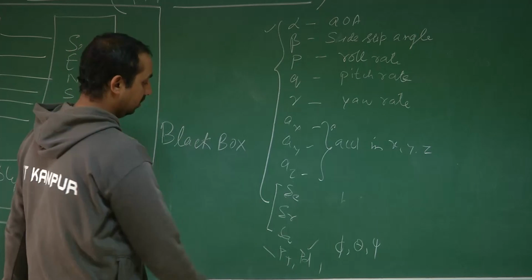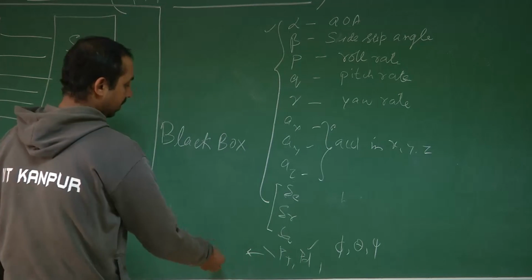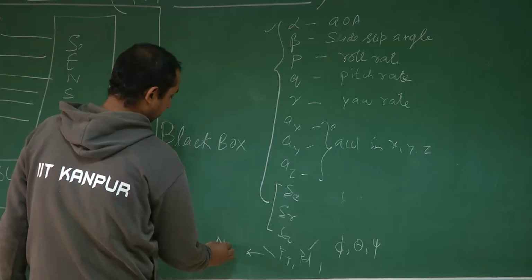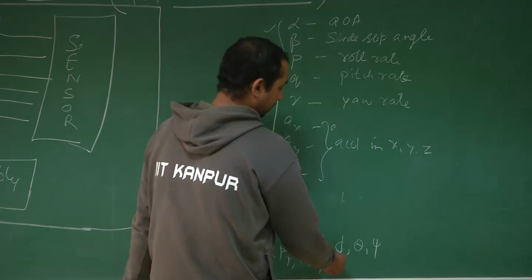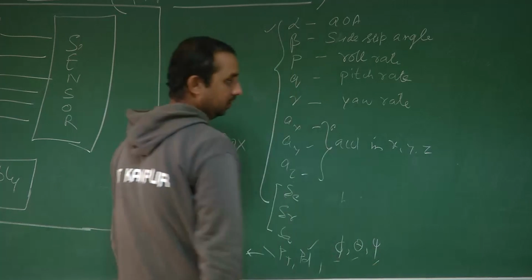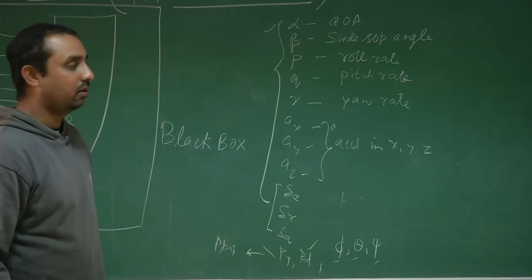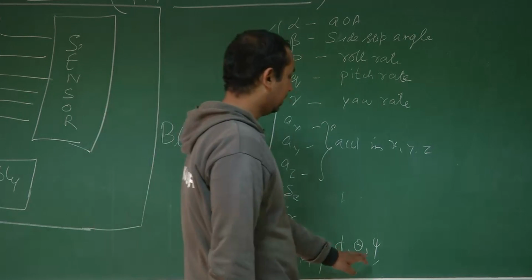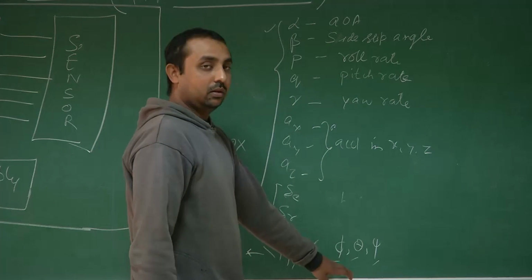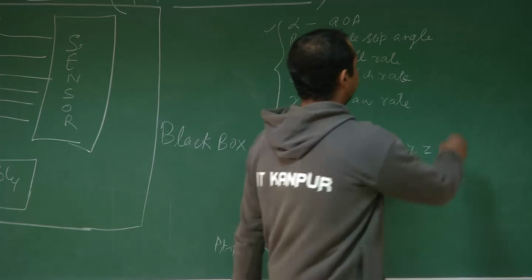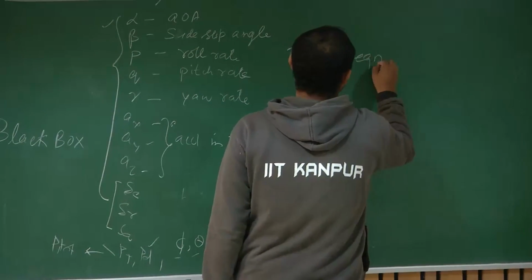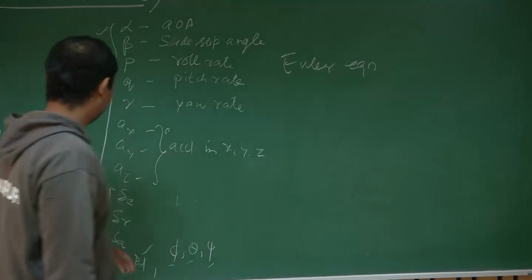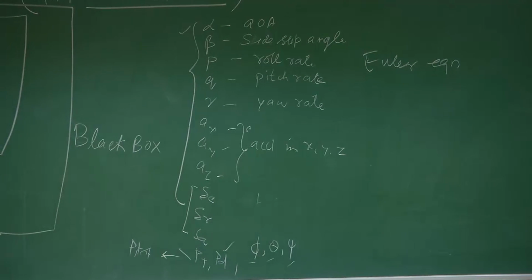This can be determined using a pitot. What are the values of your roll, pitch and yaw angle? As you might have studied in your aeronautics course, you can determine the relation between your roll, pitch and yaw angle using the Euler equation. These were the data we are determining in our flight data recorder.